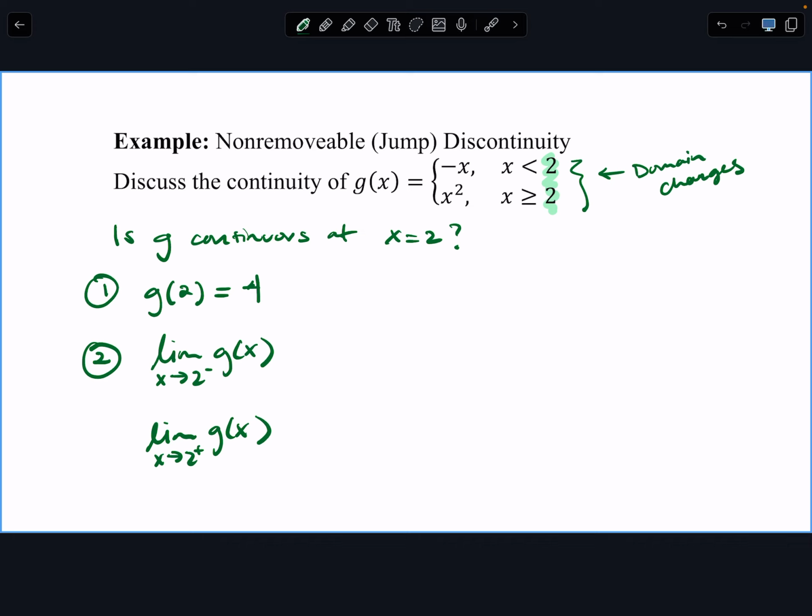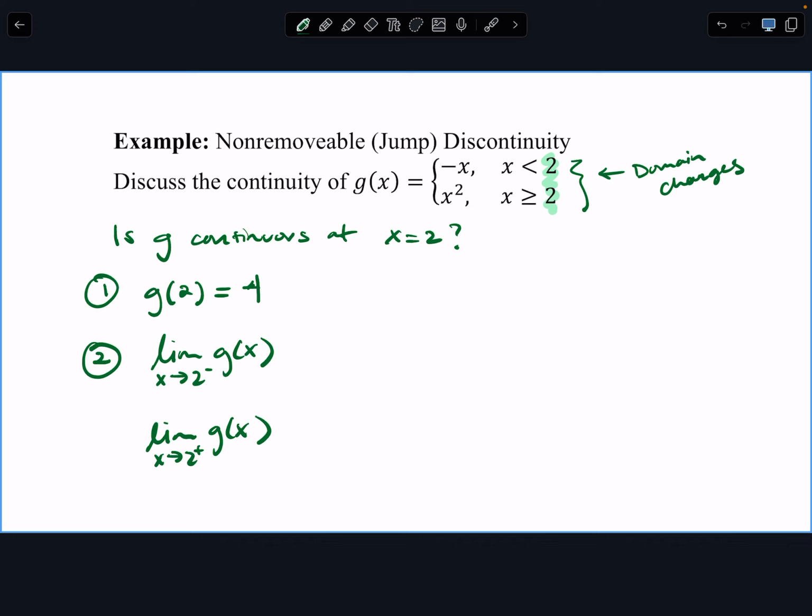It would be incorrect to show, oh, the limit as x approaches 2 from the left of negative x, and then the limit as x approaches 2 from the right of x squared without referencing g of x before that.